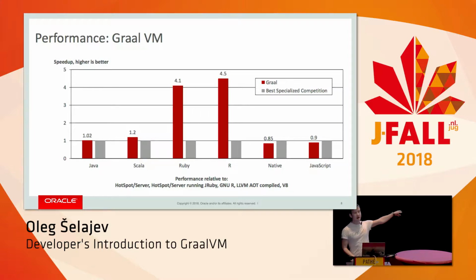So if we talk about dynamic languages, then GraalVM's approach is way, way faster, which is great, because faster is better. If we talk about native, surprisingly, it's just a little bit slower than native compilation.